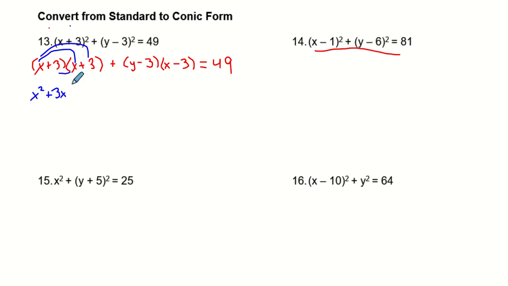Three times x is 3x. 3 times 3 is 9. Okay, so that's that part. Well, we can go ahead and combine that and get x squared, so those combine to get 6x, plus 9.